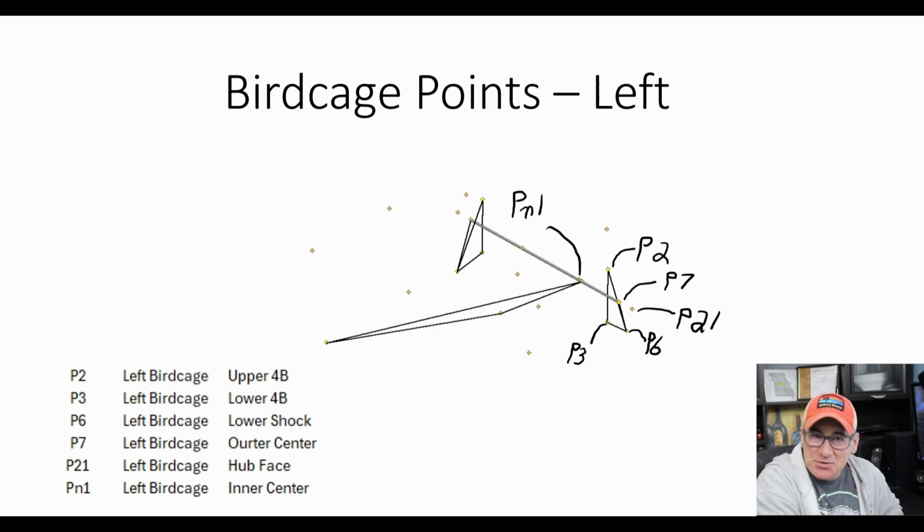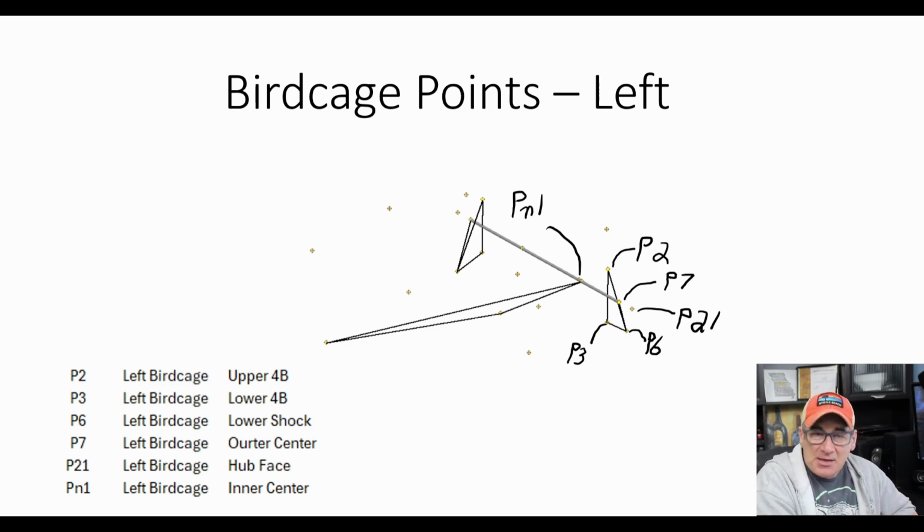And so what that means is you can make all these measurements on a bench top somewhere, right? So you could make a little homemade CMM machine, set it up on your bench top, put your bird cage assembly on there, and measure out all these points sitting on a bench somewhere. Part doesn't have to be on the car, right?